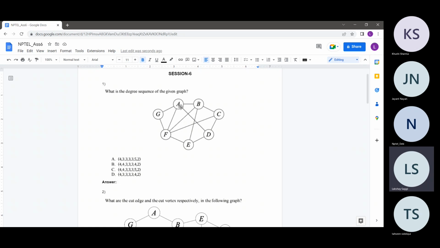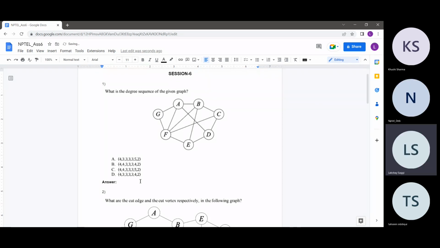Here the ordering has been defined as A, B, C, D, E, F, and G. We have to give the degree sequence in this order only, going from A to G. A graph where this vertex is labeled A and this is labeled B can have a different degree sequence than a graph where the B vertex is labeled as A and A is labeled as B. Basically, all these degree sequences will be permutations of each other with respect to the ordering we have defined.